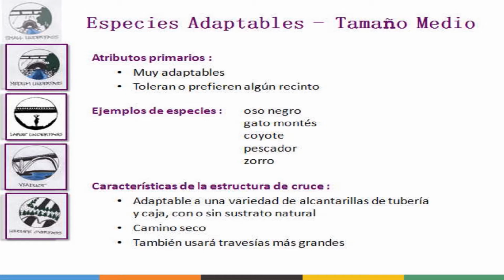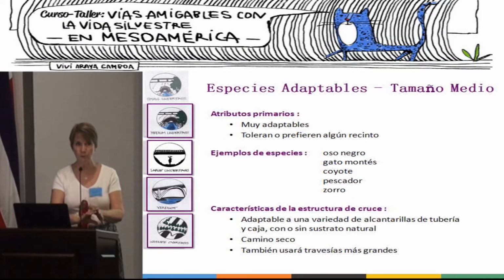So the medium-sized structure specialists, these are not medium-sized animals. These are specialists for medium-sized structures and larger. In this case, these are the absolute most adaptive species. These are the raccoons, the possums of the world, where you put in a structure or even an existing structure and they're going to use it unless you actively make it hard for them to use it.